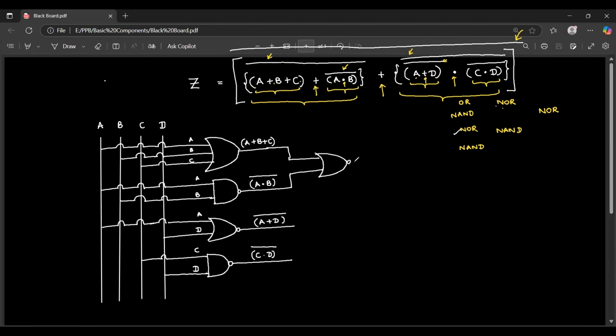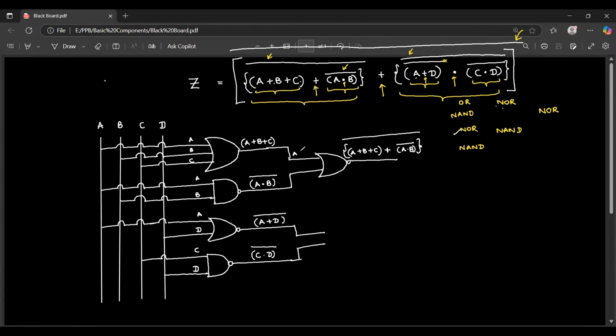I'm writing the question, so use any gate. So the output will be A plus B plus C plus A dot B whole thing bar whole thing bar. Okay, and similarly they are passing through a NAND gate, so let's draw that also.